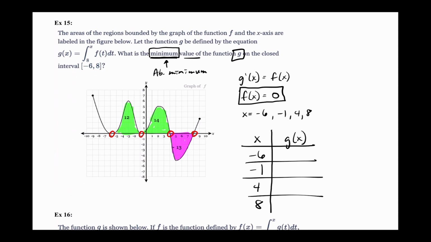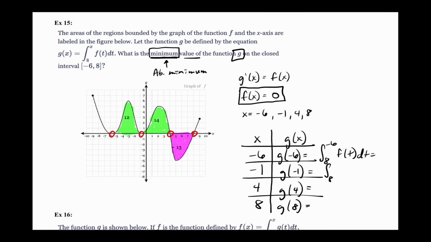Okay, so now we're going to plug it in. So how do I find g of -6? How do I find g of -1? How do I find g of 4? How do I find g of 8? Plug them into the original equation, right? So this one's going to be from 8 to -6 f of t.